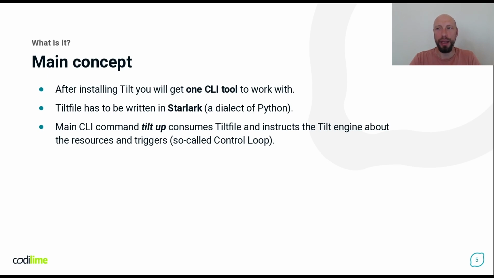This command line tool consumes a file called Tiltfile. The Tiltfile itself has to be written in Starlark. It's a dialect of Python. So instead of preparing another YAML file, you can write actual code to create your environment. Tilt provides many domain-specific functions, as well as the possibility to write, use, and share your own extensions. That gives more flexibility in creating and configuring the environment.